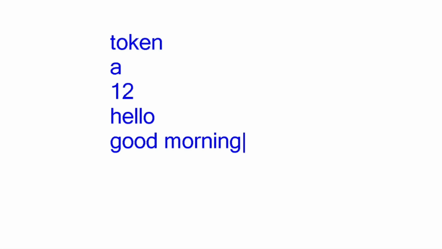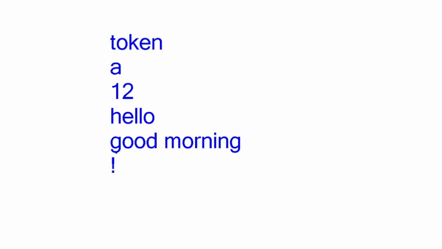If I write a word, say hello, this is also a token. If I write good morning, good, white space, and morning, these are also tokens. If I write any punctuation mark, say an exclamation mark, this is also a token.